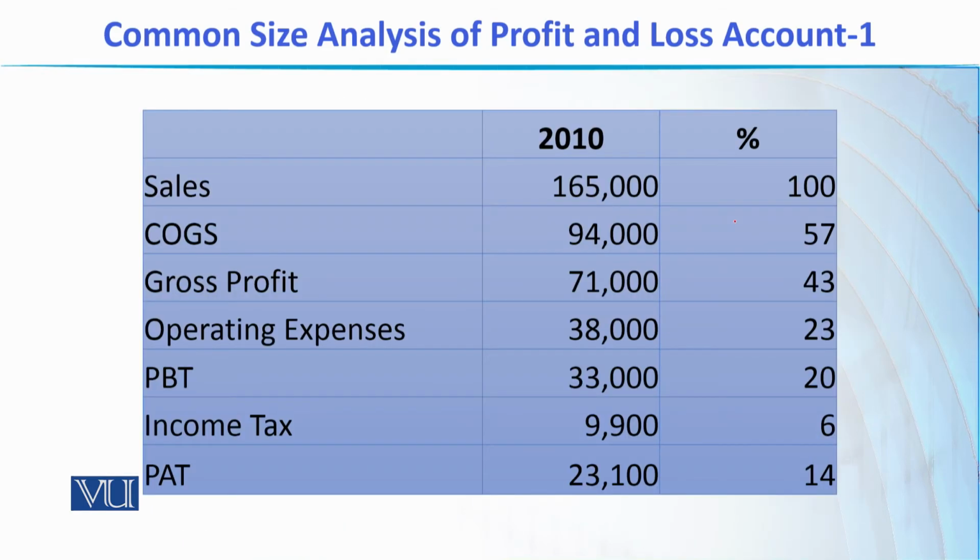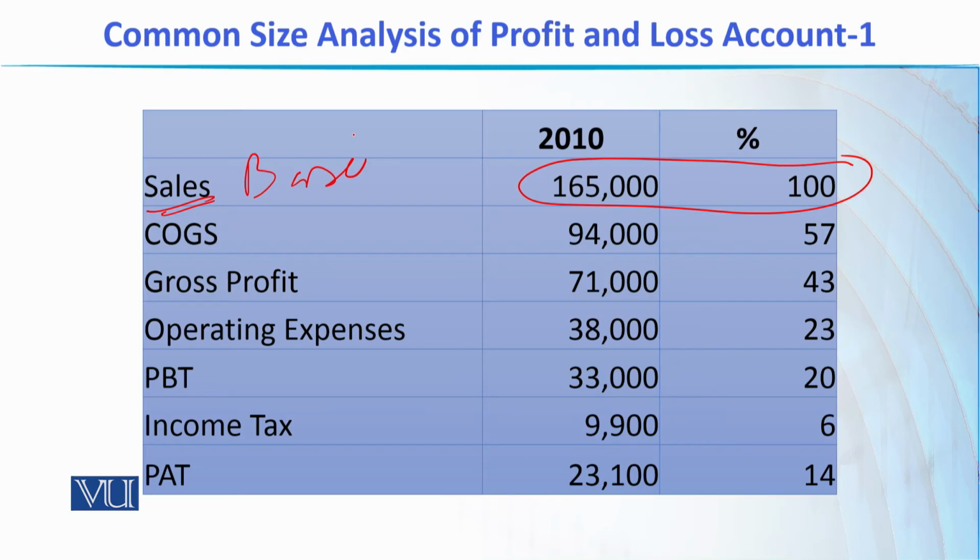Now let's have a look at this table, which is again a common size profit and loss account. Here you can see that the sales value is taken as the base value.